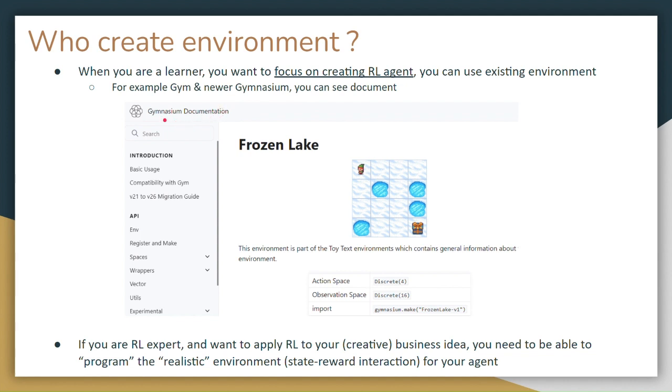So one of the popular libraries that we're going to use is Gymnasium, and an example of the environment game is Frozen Lake. It's a simple game, and in every game, not just this game, in the documentation of Gymnasium, it's going to explain to you about the action space and the observation space.